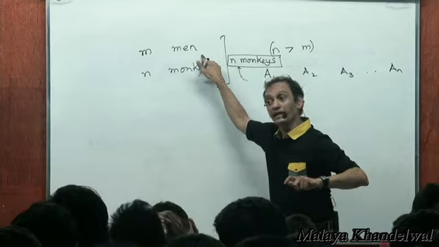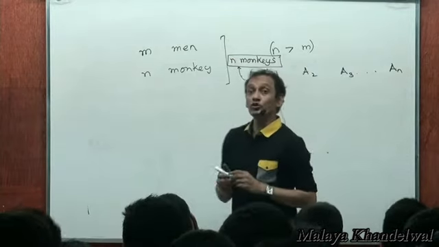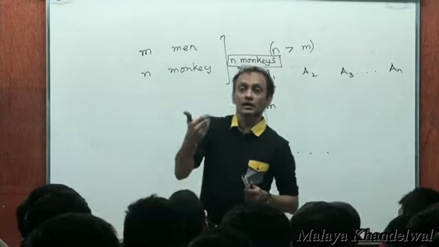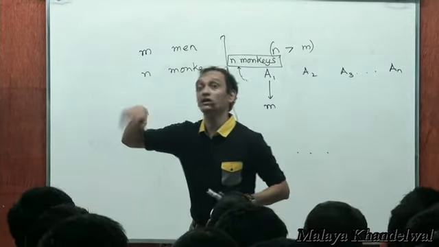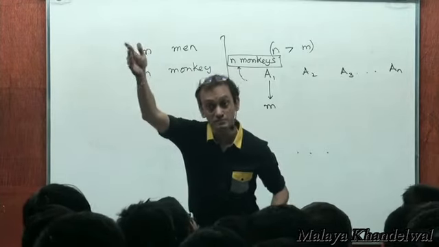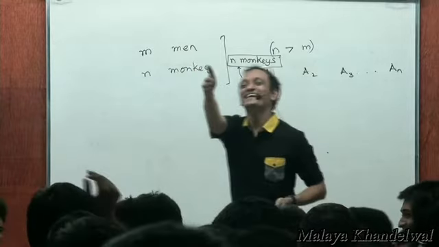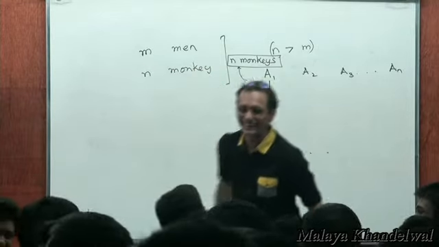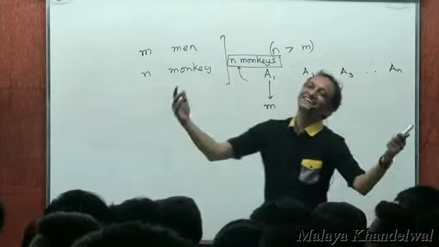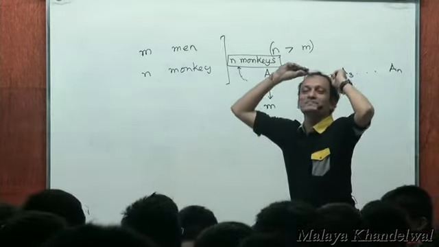Amongst these, M men are the M masters. Does not mean that, if a certain man is the master of a certain monkey, he can't be the master of another monkey. Right? A father could have had multiple sons. That's exactly the same. Who knows it better than you? No one knows it better than you.